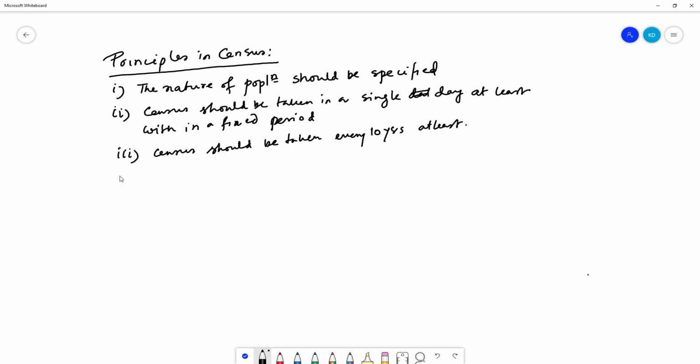And the fourth principle is the census should necessarily include these informations, namely name, age, sex, relationship with the head of the family.